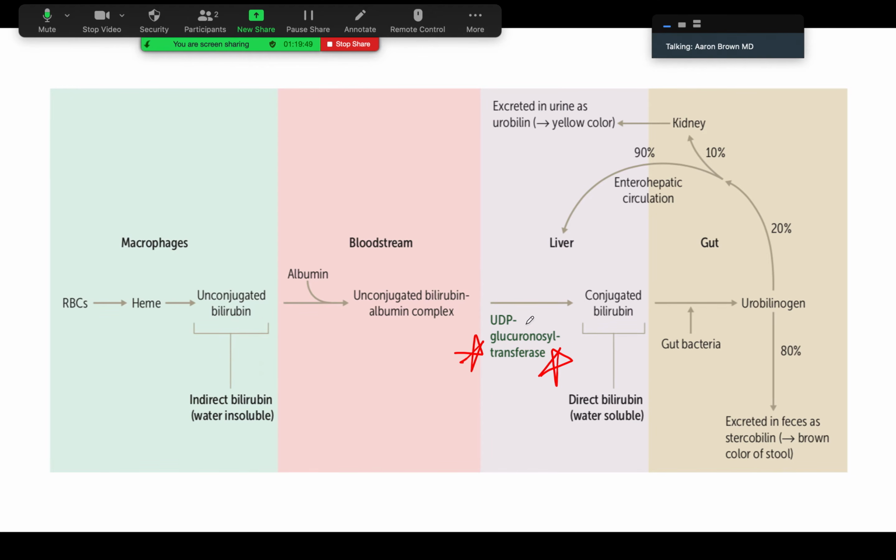A lot of things can happen when we think about congenitally low levels of this enzyme. We think about normal newborns having a physiological low level of this enzyme, and they end up having some level of jaundice because of that.